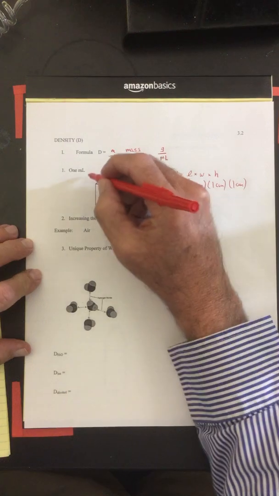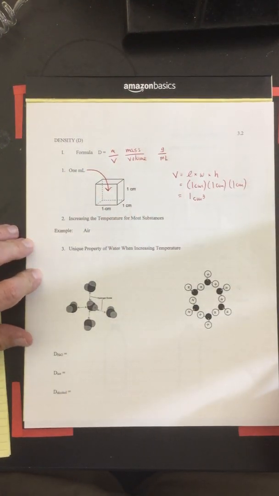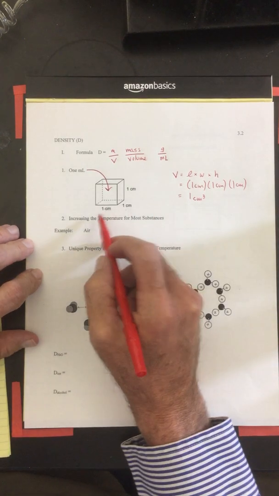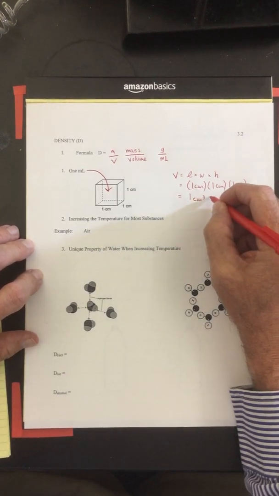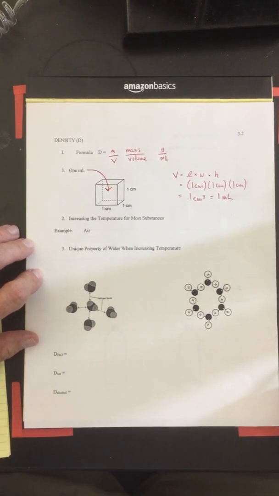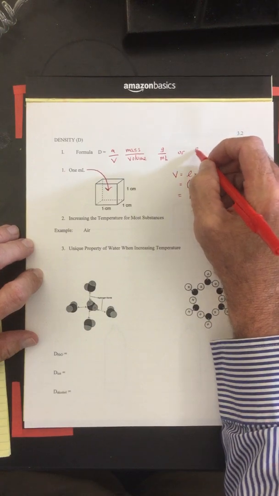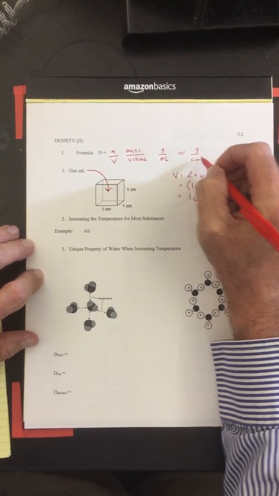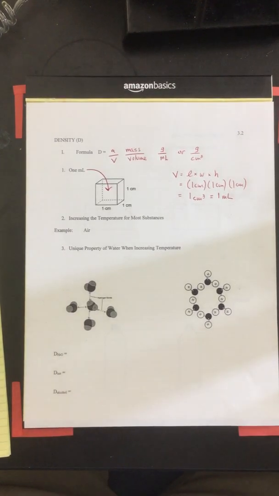That's why I have this over here. 1 milliliter of fluid will fit inside this cube of 1 cubic centimeter. That's why it's also called cubic centimeter, because it's shaped like a cube. So 1 cubic centimeter also has the value of 1 milliliter. And if that's the case, my units for density could also be grams per cubic centimeter. So that is the units for density and the formula for density as well.